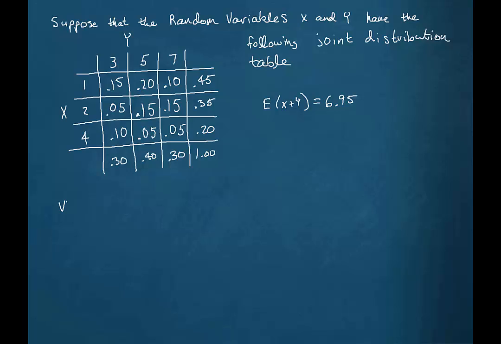So now let's find the variance of the sum of the random variables. So that will be first 1 plus 3, so this entry here, minus the mean for the sum of the variables, 6.95, squared times the probability, 0.15.